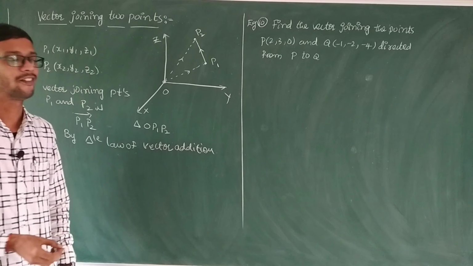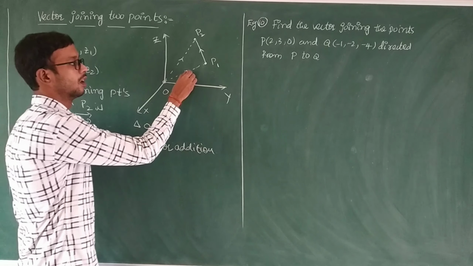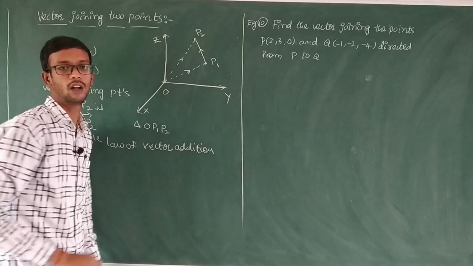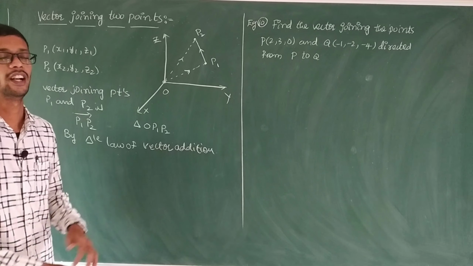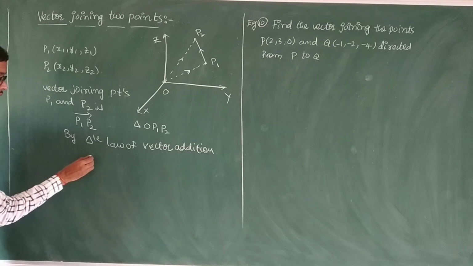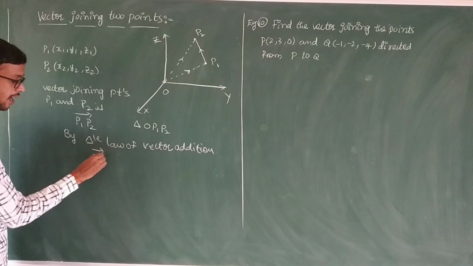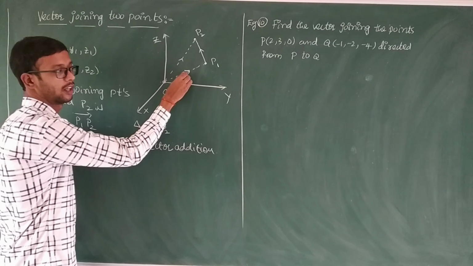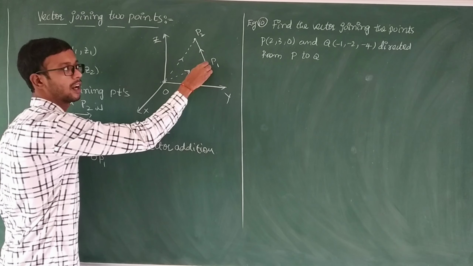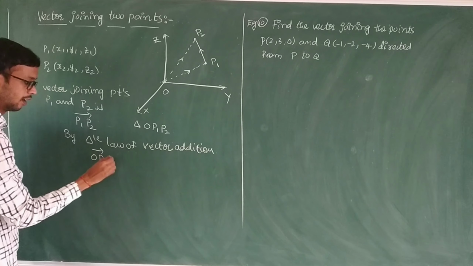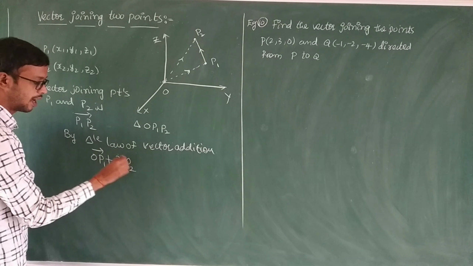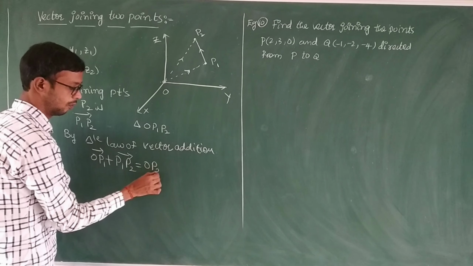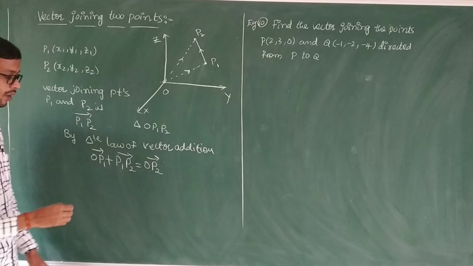What is the triangle law of vector addition? The sum of two sides is equal to another side. That is only the net displacement. OP1 bar, arrows are very important here, OP1 bar plus P1P2 bar is equal to the remaining side OP2 bar.